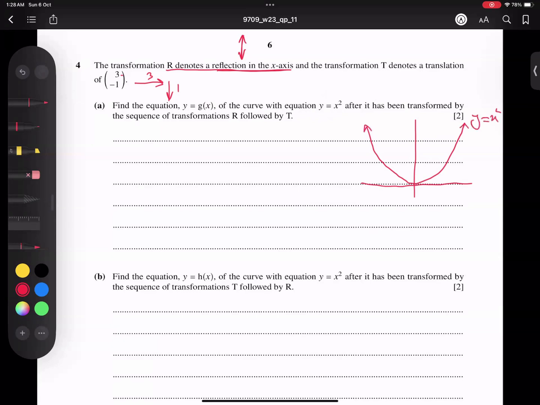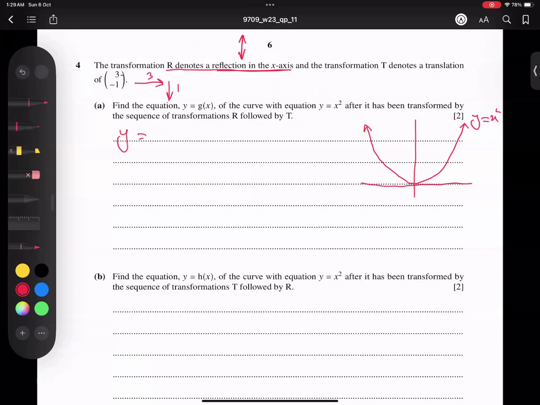He says that it is transformed by the sequence of transformations R followed by T. So first we reflect it in the x-axis. After that, we go for the translation. Let's see what happens then. Condition number 1, when we go for reflection in the x-axis, what do we do? Let me explain.